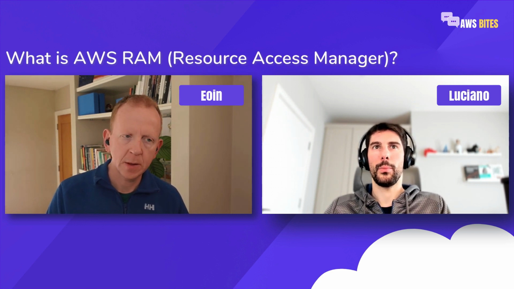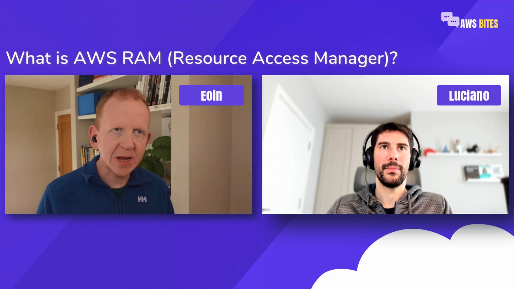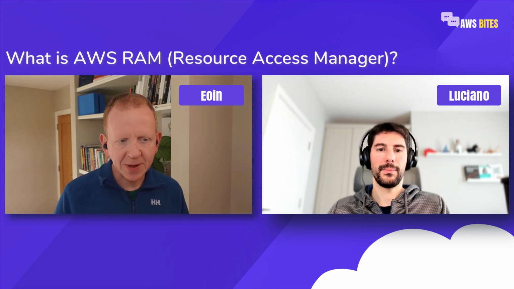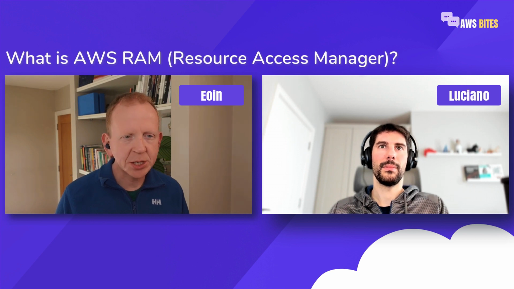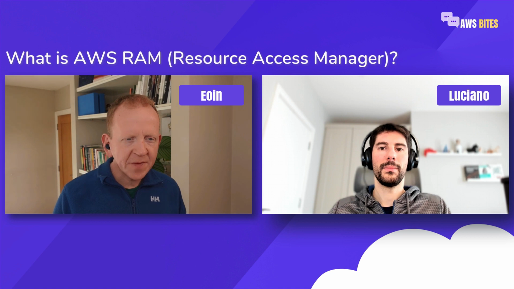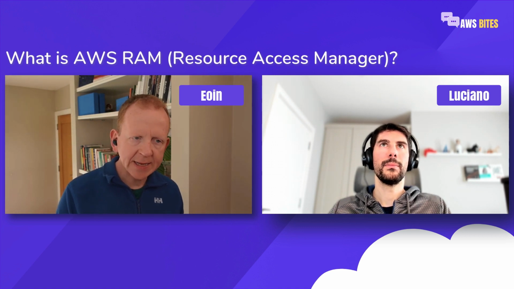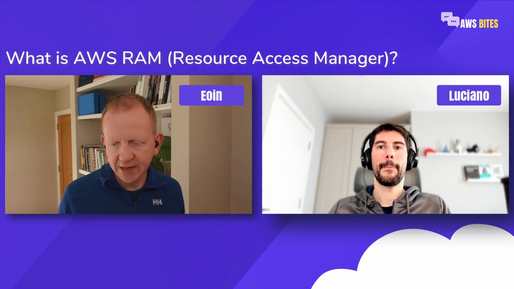Now, what are some of the use cases? The most common one you're likely to come across with RAM is VPC subnet sharing. Now, before Resource Access Manager, if you wanted to share VPCs in different accounts, it generally meant using something like VPC peering or transit gateway. If you share subnets in a VPC with RAM, accounts then get access to implicit routing in that VPC.